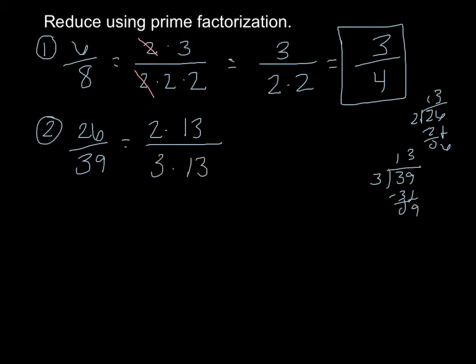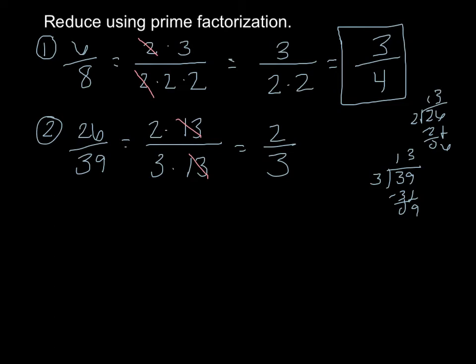So this one is really handy because right away I can see I can cross off a 13, and I would get the answer of 2/3. Okay, so because there's a 13 on the top and a 13 on the bottom, I can cross it off.